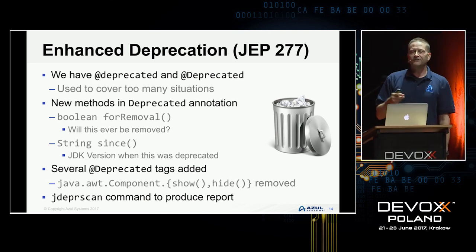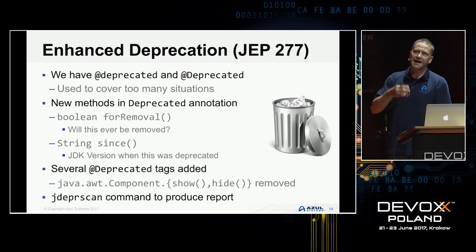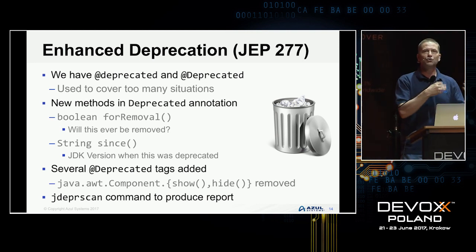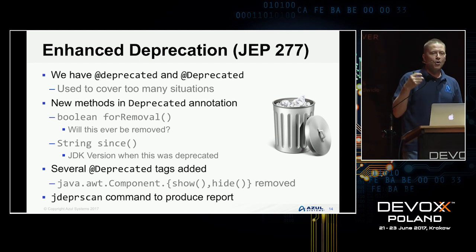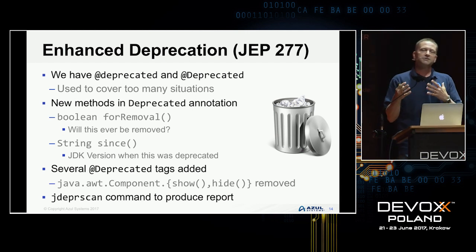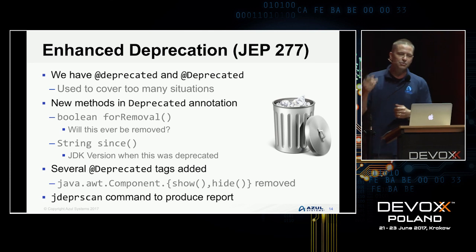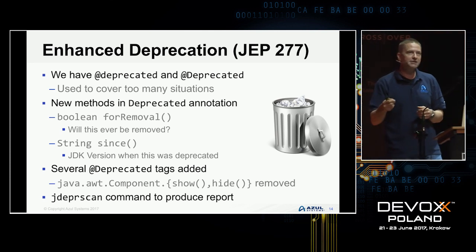In JDK 5, we then introduced the @Deprecated annotation, so that we could have more tools that worked with that. Problem is that there's lots of things that this doesn't really address in terms of the needs of deprecation.